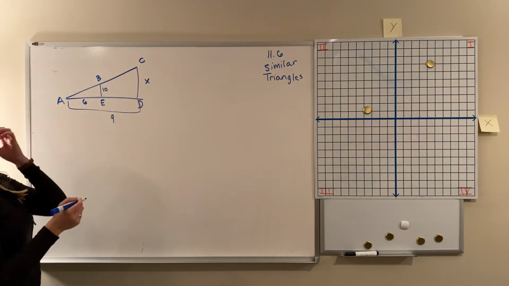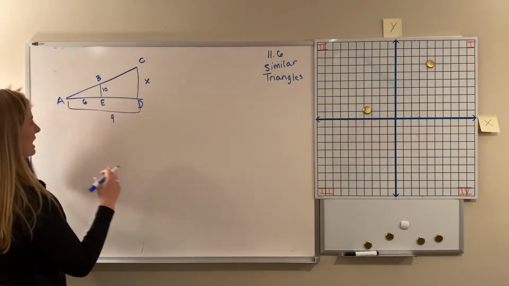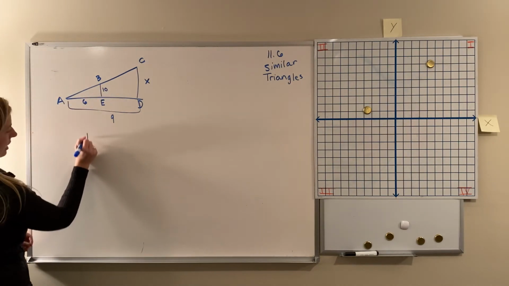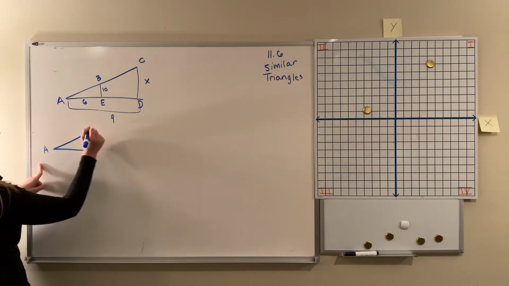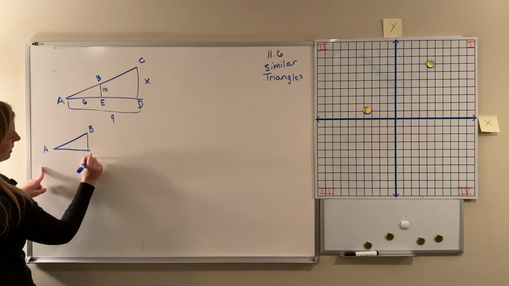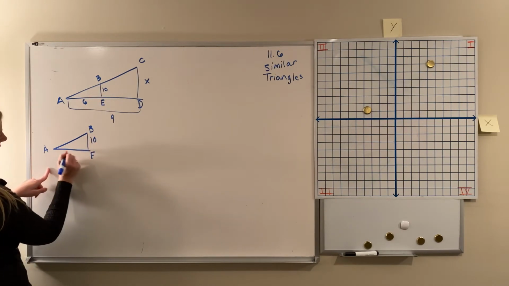Now before I solve this problem at all, because I think it's confusing like this, I'm going to separate my two triangles. I'm going to take my small triangle out of my big triangle. So I have my small triangle, which is A, B, E, that has a height of 10 and a length of 6.